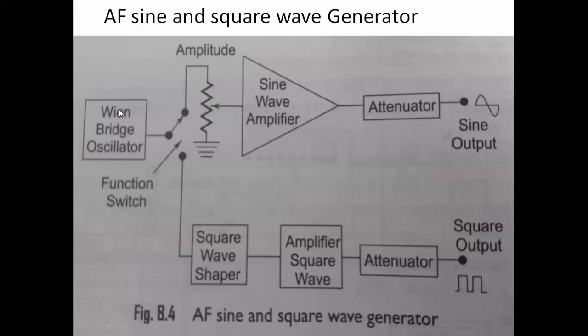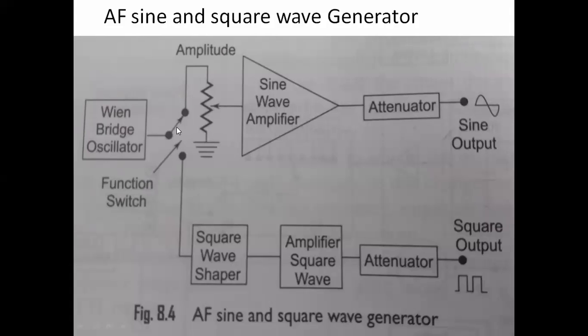Here we have a Wien bridge oscillator. The Wien bridge oscillator produces the oscillations, or the frequency range of signal. That signal is connected to the function switch, and this function switch is connected to produce the sine wave output.